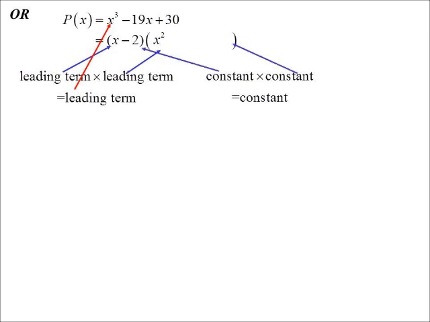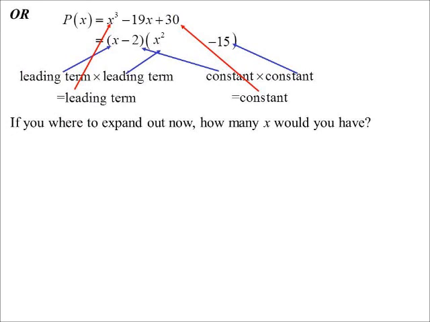So negative 2 times something must give me 30. Negative 2 times what? Oh, negative 15. That just leaves me with a middle term to work out. How many x's are in that middle term? So what I now do is I say, well, if I was to expand out now, how many x's would I have?